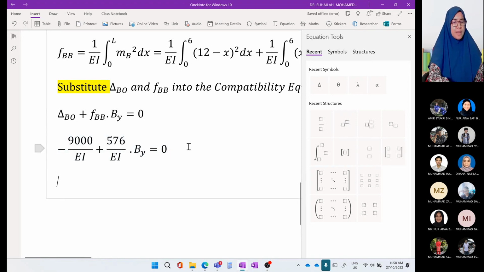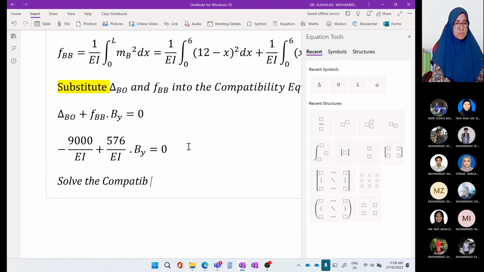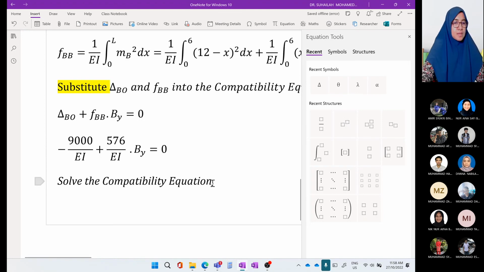So solve the compatibility equation. What do you get?